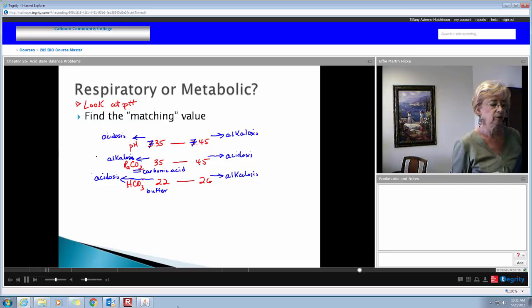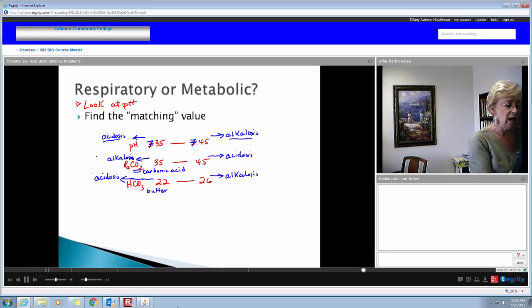Remember that the first step is to make sure you have all your parameters, your homeostatic ranges here. Then, and I can't emphasize this enough, write down and think to yourself: lower than 7.35, you're in acidosis. Higher than 7.45 on the pH scale, you're in alkalosis.